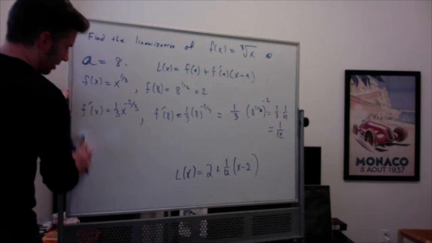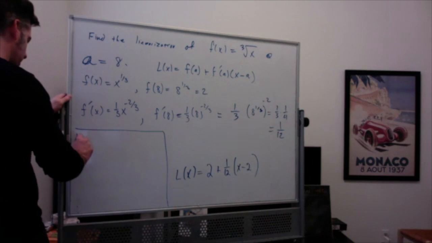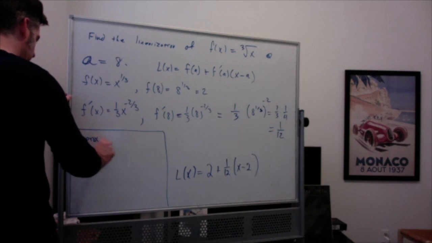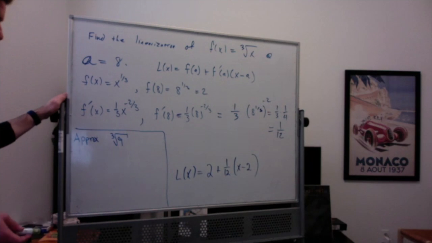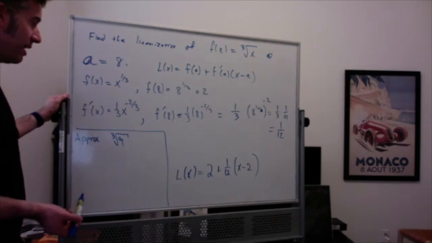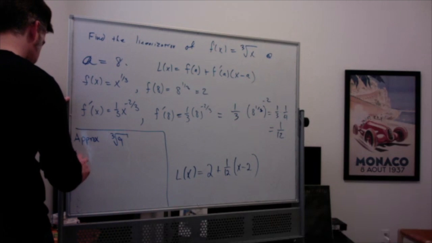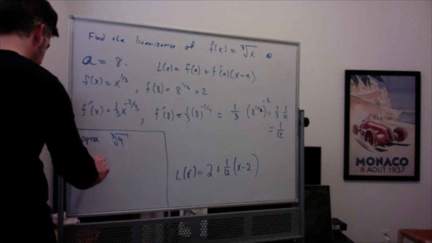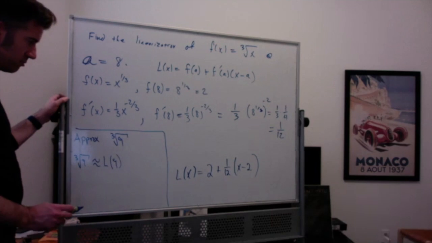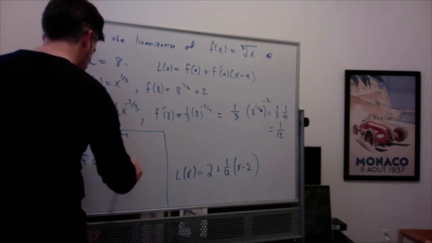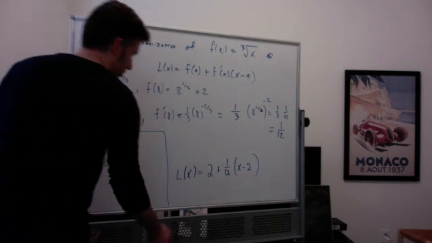I could ask you to use this linearization to approximate the cube root of 9, which I don't know, but I can plug it in and say, well, the cube root of 9 is approximately this linearization evaluated at 9, which is going to be equal to, I'm just plugging in 9 for x here.